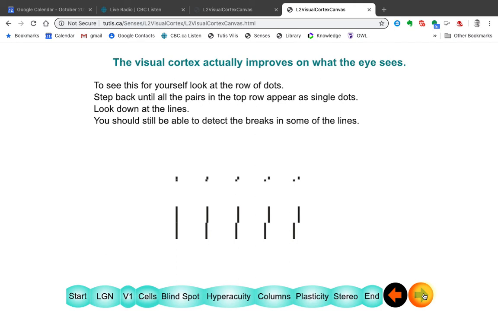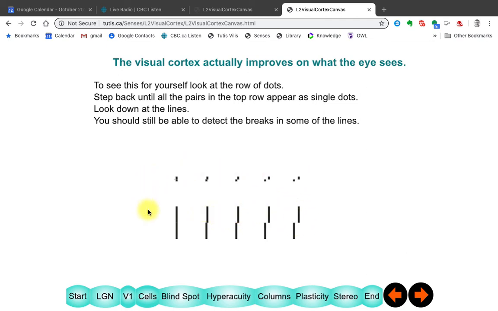The other thing that's interesting about the cortex is when you switch from the layer 4C cells to simple cells, you become sensitive to lines of a particular orientation. The advantage of that is that you can become more sensitive to small breaks in lines.